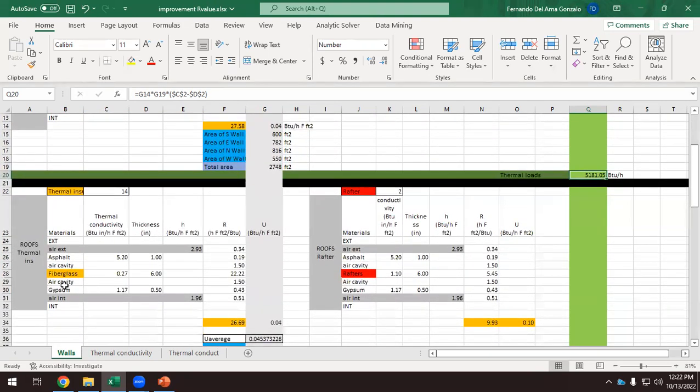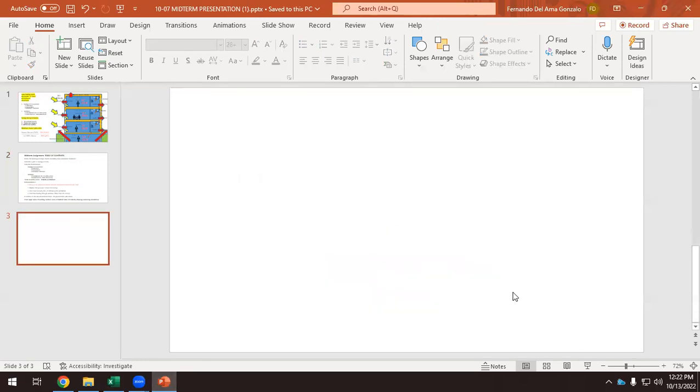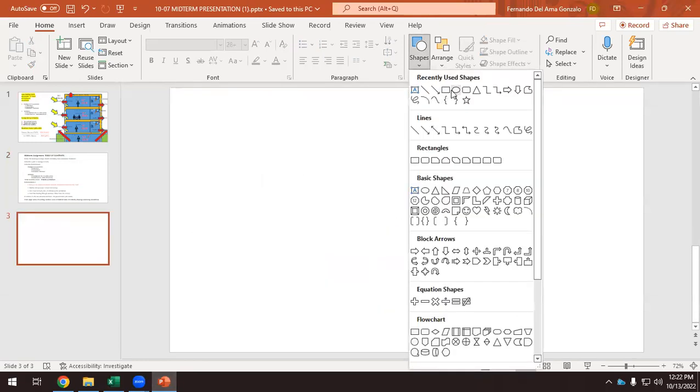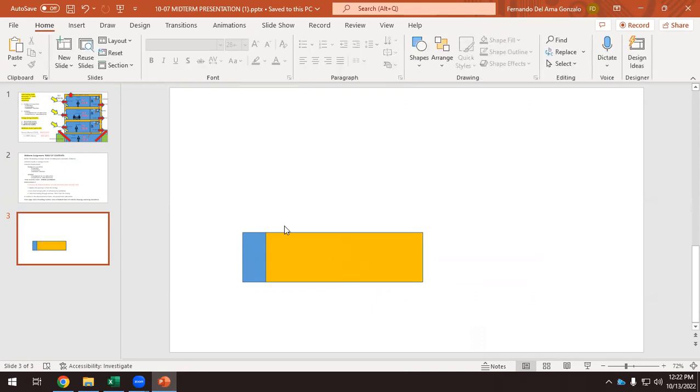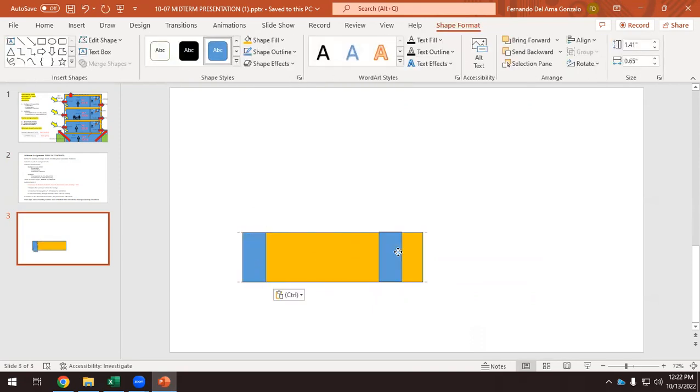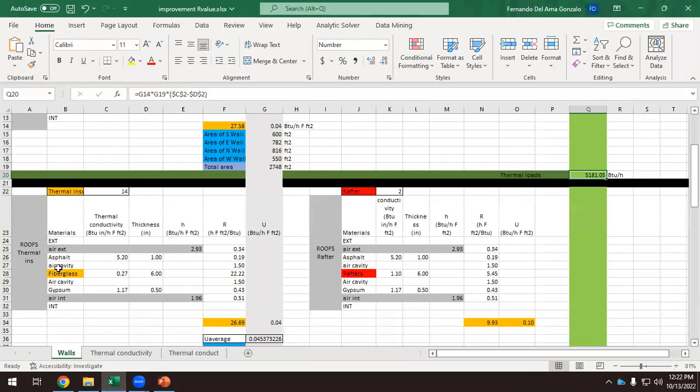For the roof, it might be slightly different, because for the roof, as you know, we have the rafters and thermal insulation. So we have rafters, and then we have thermal insulation with a different material. Okay, and then another rafter. And then remember the materials we had: an air cavity, a gypsum, and then another air cavity here, and the asphalt shingles.